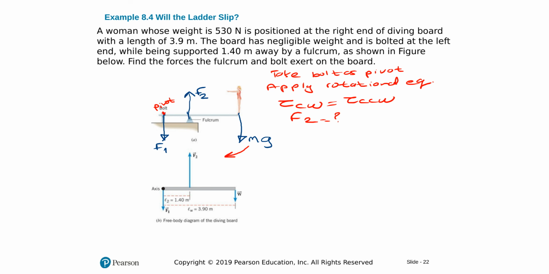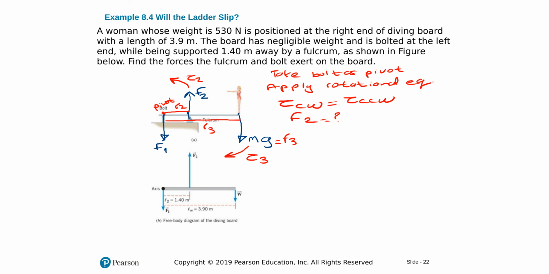mg will be rotated in this direction. Let's call this F3, tau 3, and fulcrum will be rotated with respect to this point in this direction. Let's call this tau 2. Their distances will be R2 and R3 given in the question.